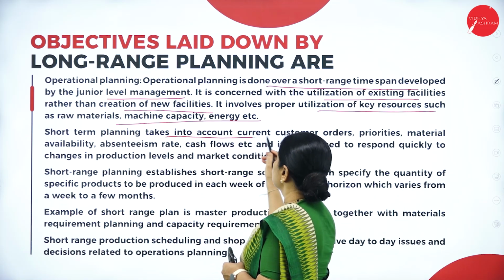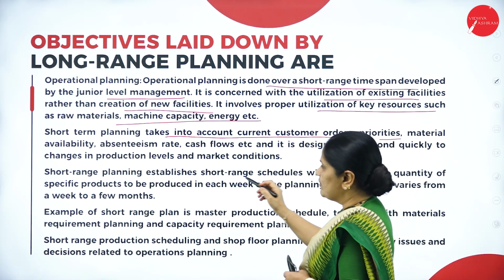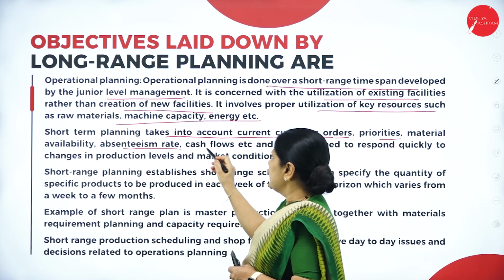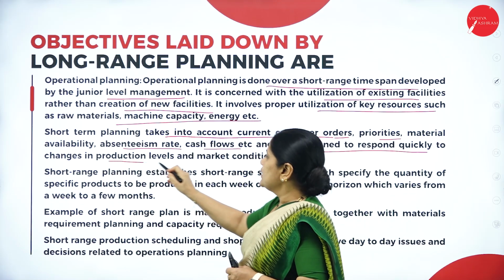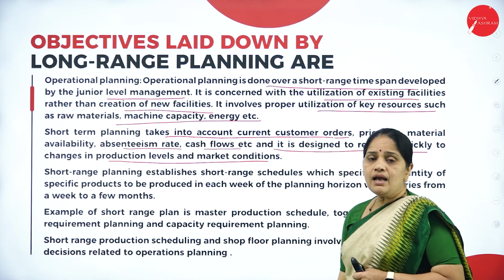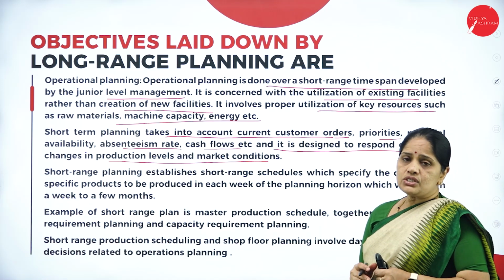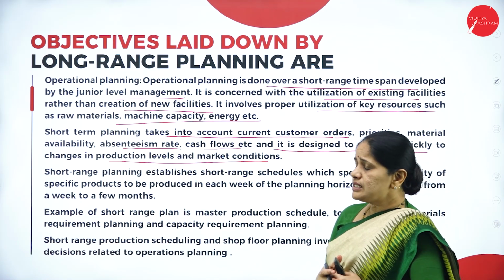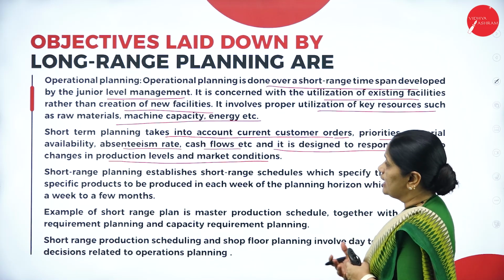Short-term planning takes into account current customer orders, priorities, material availability, absenteeism rate, cash flows, etc. It is designed to respond quickly to the change in production level and market conditions. Now, this short-term planning is very responsive to the actual business environment or the production environment.